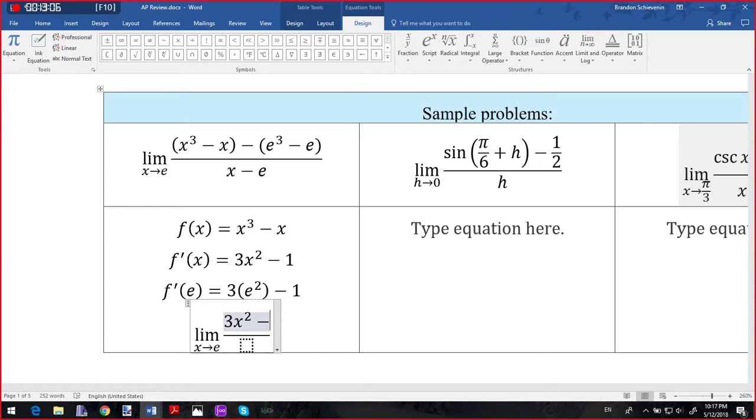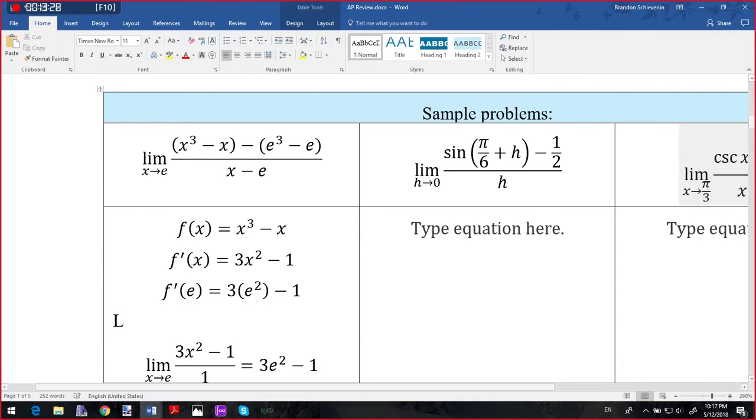And minus 1. Minus 1, perfect. What about the bottom? The bottom is 1. So if I plug in e right now, I get 3e squared minus 1, which is the same thing we got with the limit definition of a derivative.